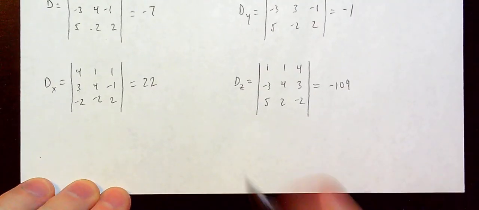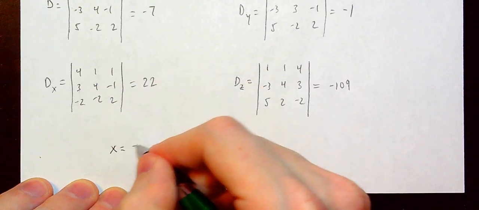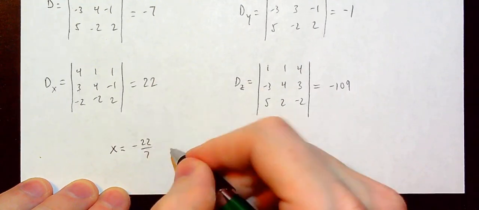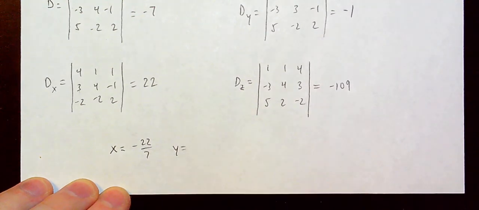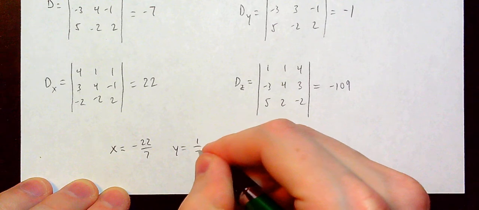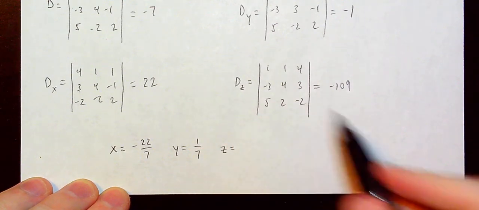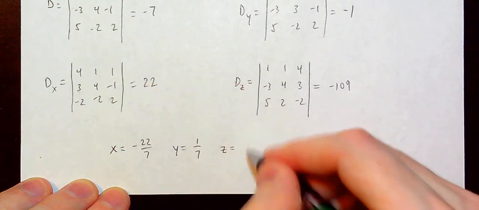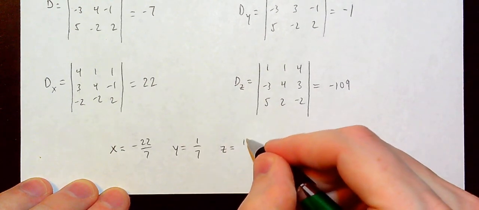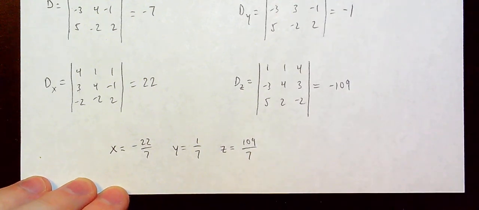X equals d sub x over d, negative 22 over 7. Y equals d sub y over d, 1 over 7. And z equals d sub z over d, negative 109 over negative 7, or a positive 109 over 7.